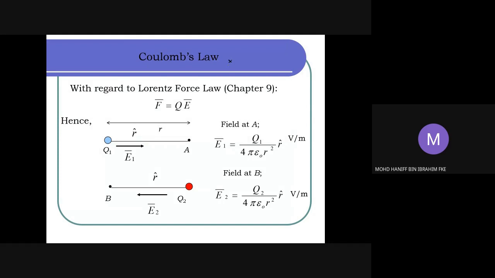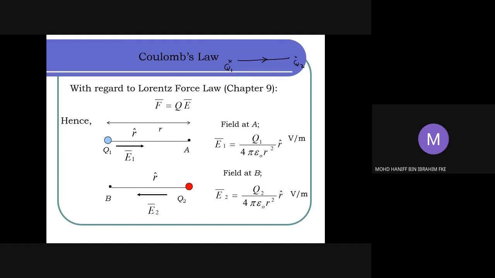We have a charge Q1 here, and a charge Q2 here, and we assume that the force is exerted from charge Q1 to charge Q2, so the arrow should be in this direction.